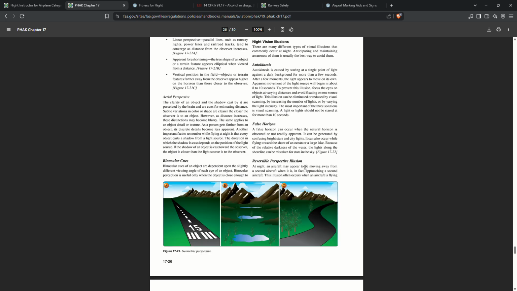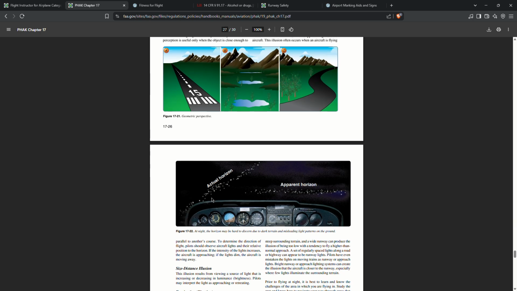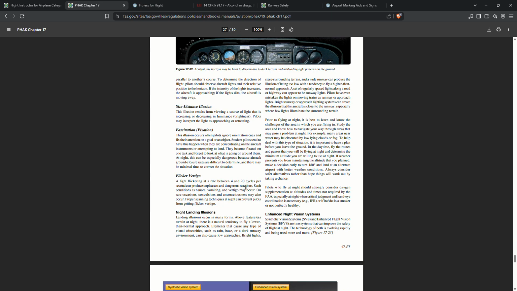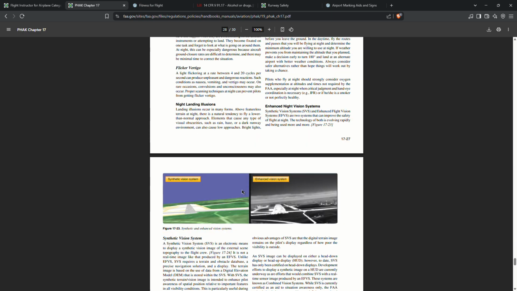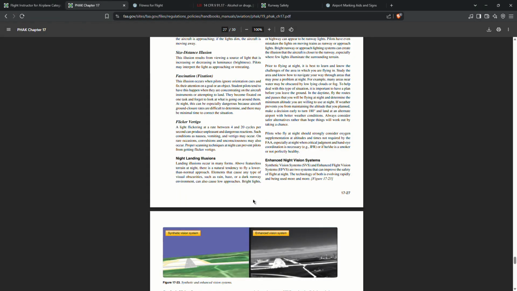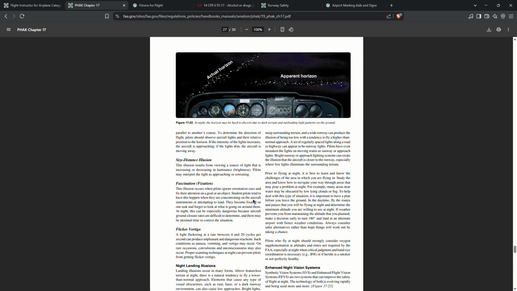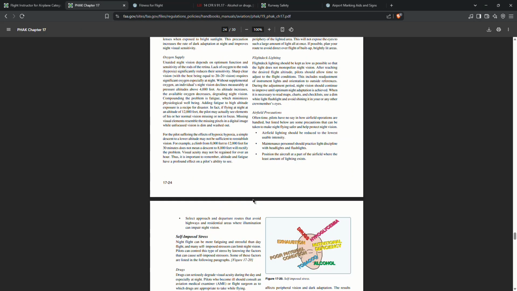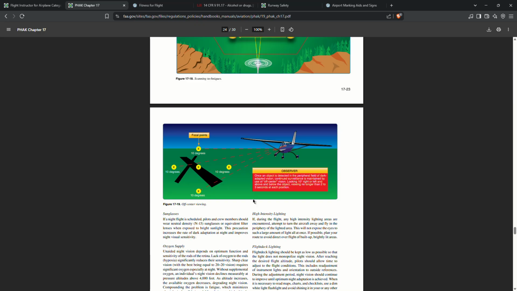At night, the aircraft can appear to be moving away for a second when it is in fact approaching. All these visual illusions are things we have to look out for, especially during night, but mainly during VFR. With IFR, you're going to get more physical illusions. Your body is going to feel off because you're relying on your instruments.